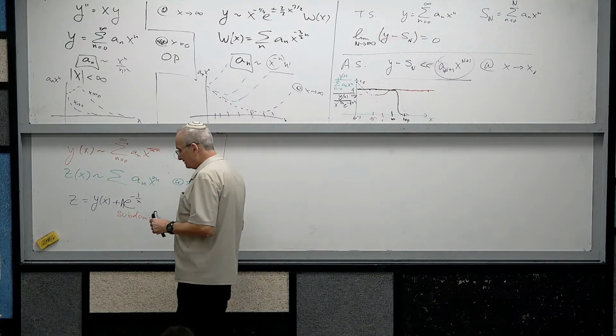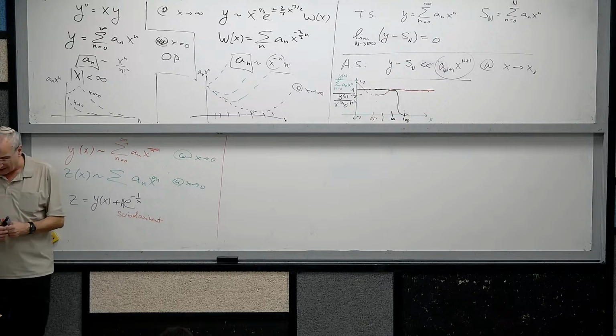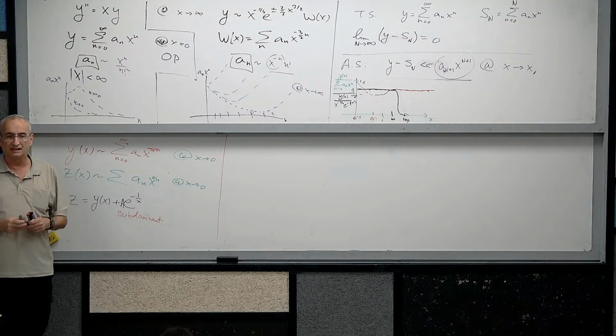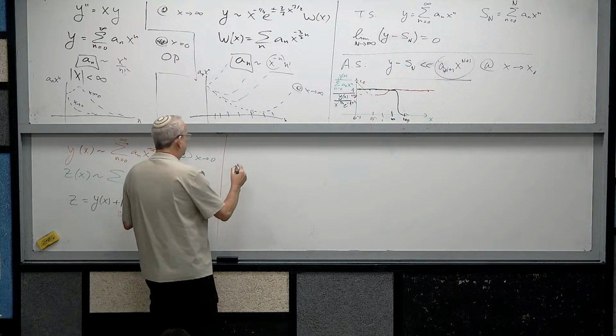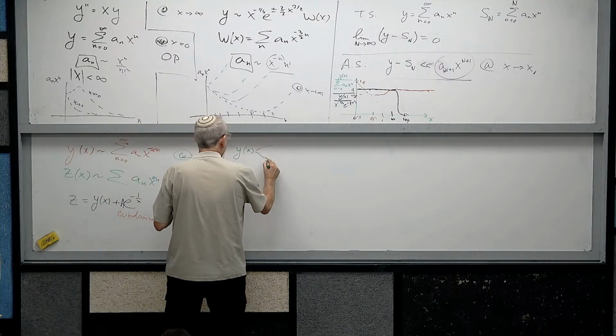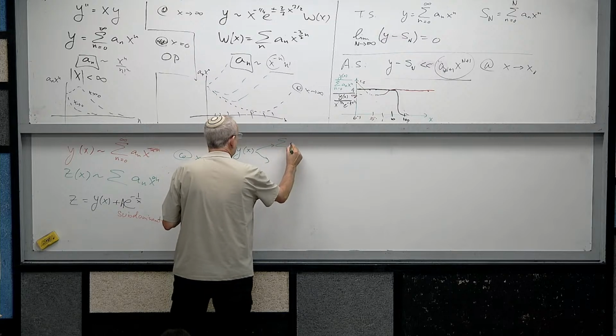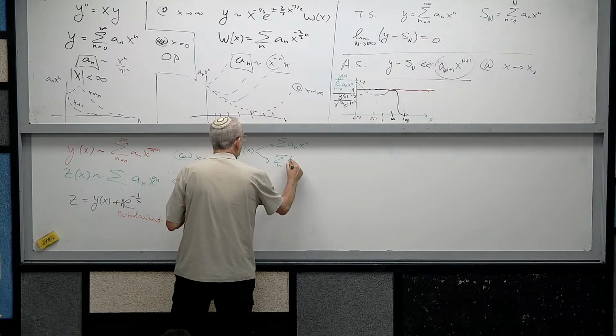On the other hand, asymptotic series are unique in the sense that every function corresponds to only one asymptotic series. So you cannot find a function y of x which is represented both by the sum over n of a n x to the n and by the sum over n of b n x to the n.